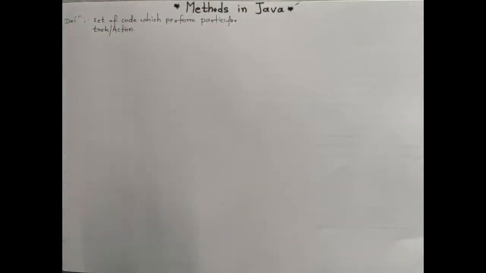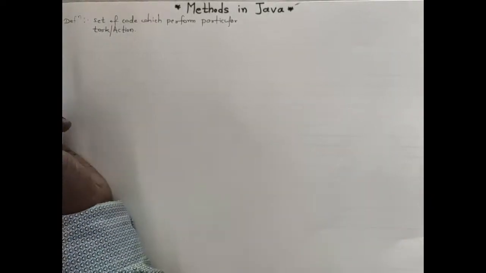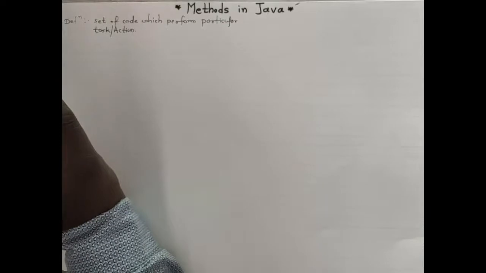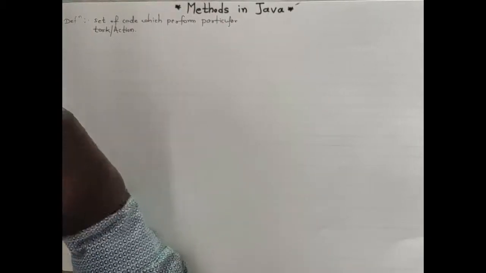So here we have different types of methods with us, that is the main method and the user defined method. So here we are concentrating on the user defined method.